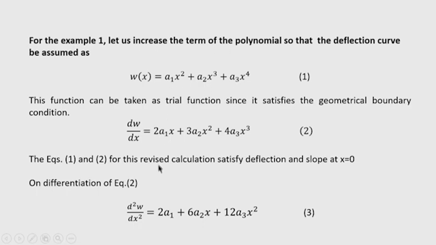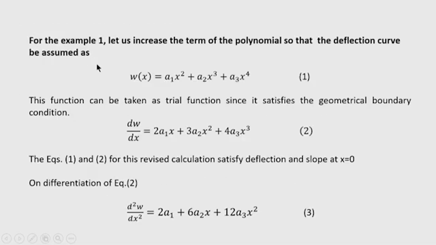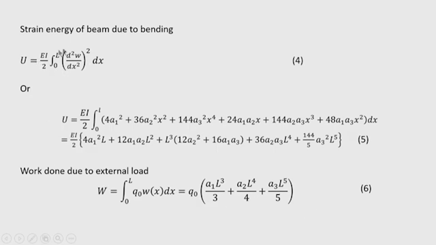So, as usual we take the second derivative, and this result is used in the strain energy expression. U is equal to EI by 2 integral 0 to L of (d square W by dx square) whole square dx. So, the second derivative is taken and then the strain energy is evaluated.